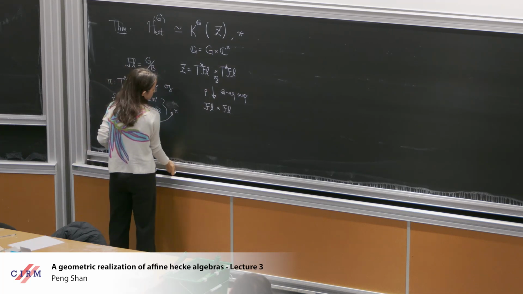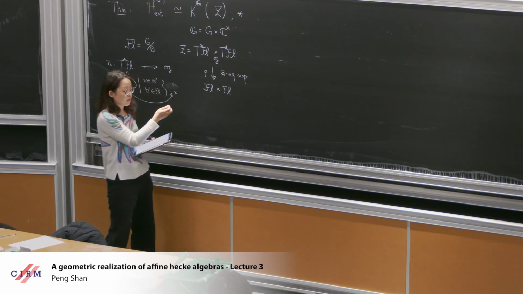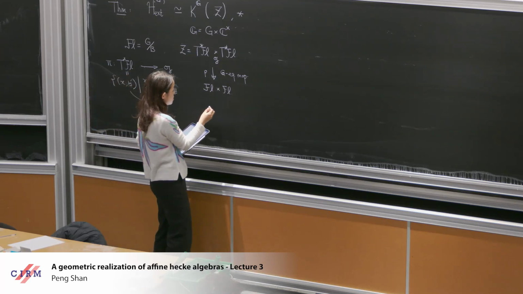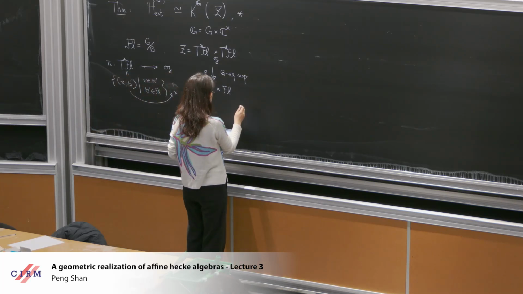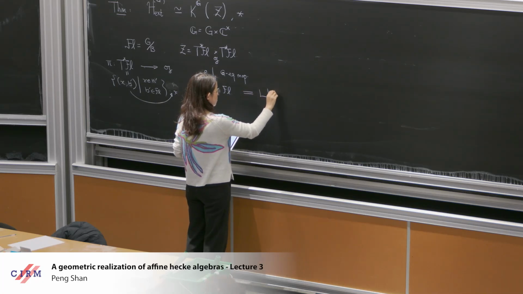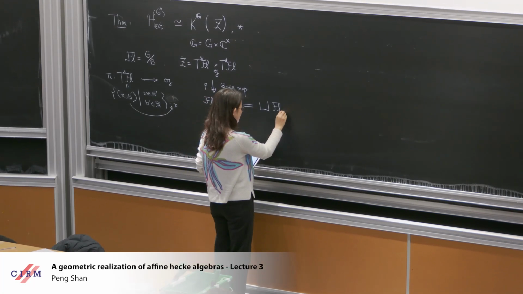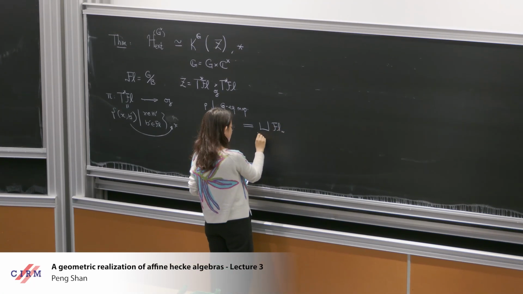And then we have seen that the diagonal G orbits in the flag variety are indexed by elements in the Weyl group. So here, this is a disjoint union of, so last time I used O, and then there was some confusion, so I decided to change my notation.